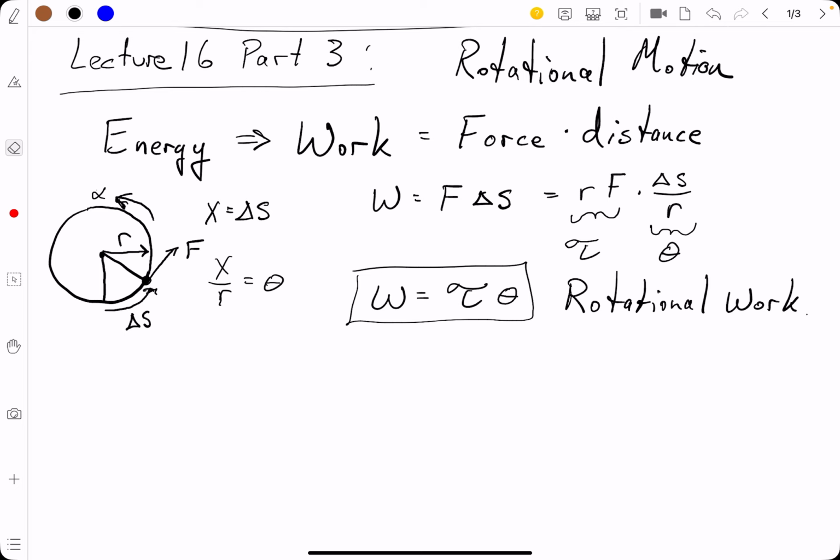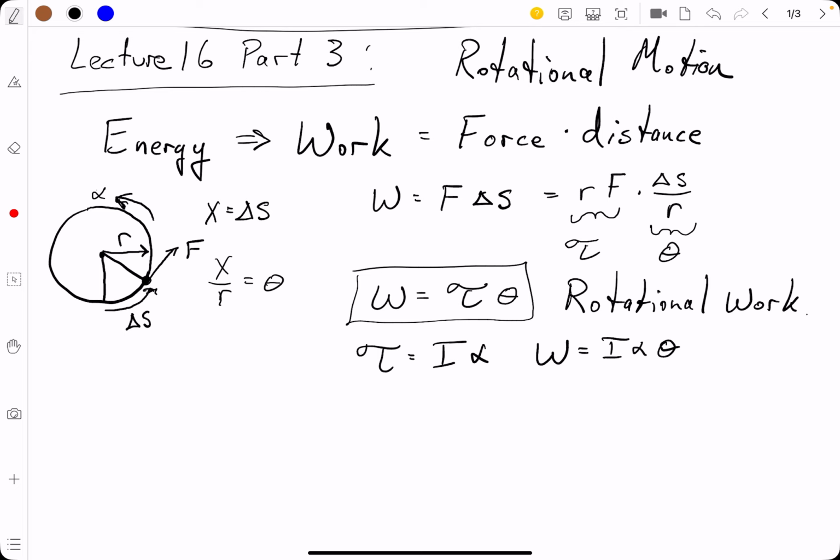So let's look at our torque being I alpha. That is our torque net, of course, but we've only got the one force anyway. So we can insert that. So we now have I alpha theta.